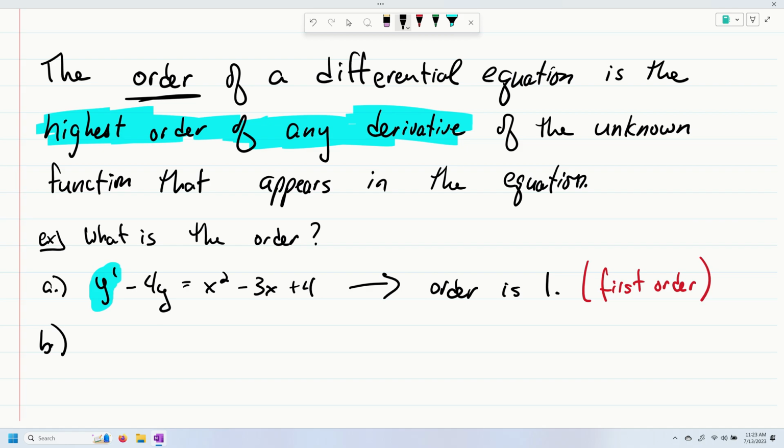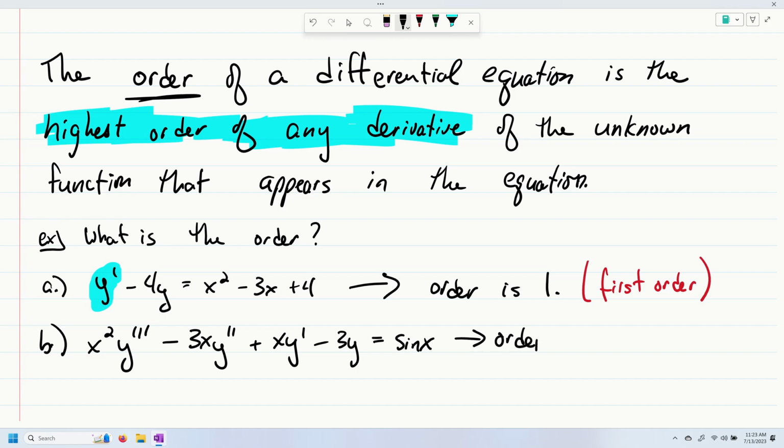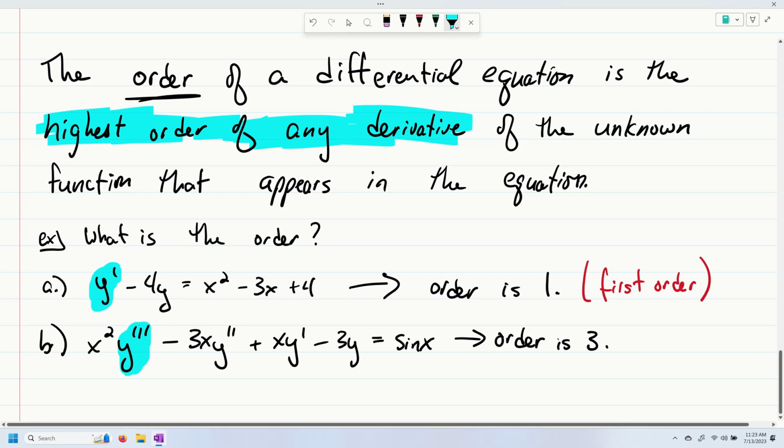So we got x to the second, y triple prime minus 3x y double prime plus xy prime minus 3y equals sine x. Now, in this scenario, the order is 3. And the reason is right here. That is a third order derivative. So, the order is 3.